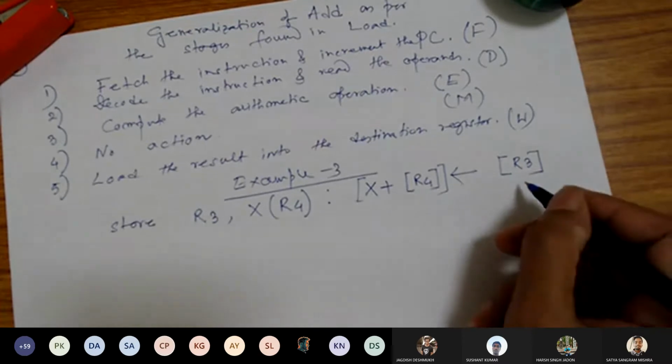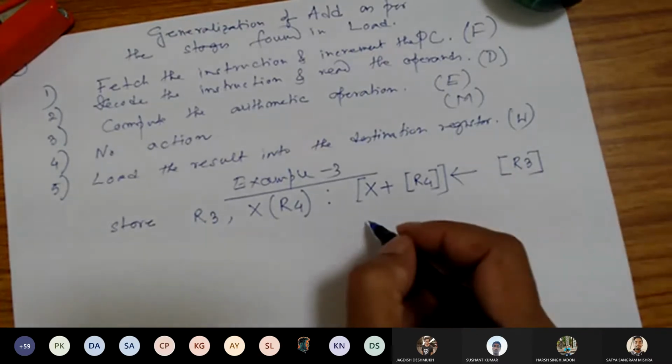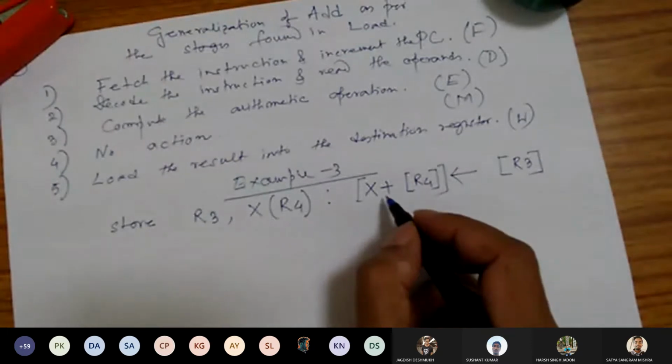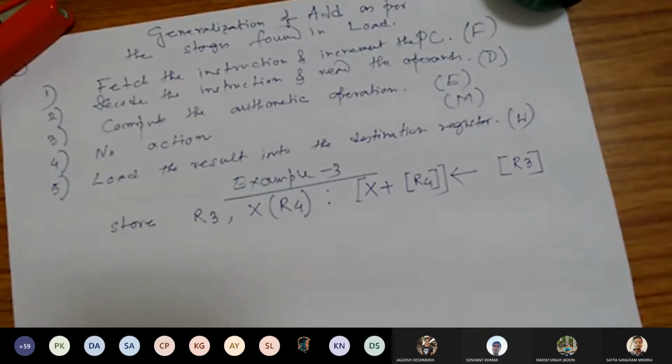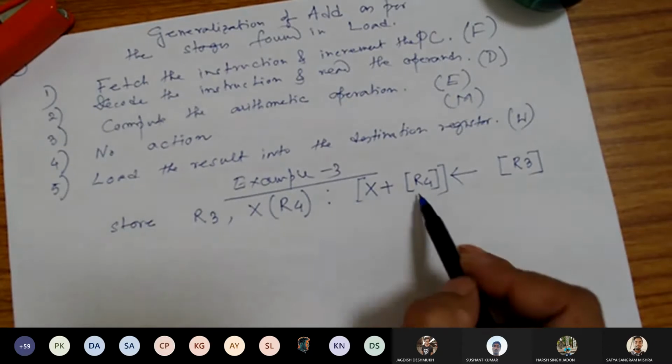So the content of R3 goes to a memory location pointed by base address plus offset.